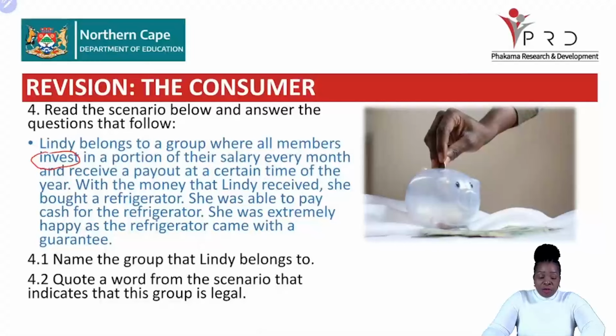Then we go to our questions. 4.1 says, name the group that Lindy belongs to. And 4.2 reads, quote a word from the scenario that indicates that this group is legal, or that this group is allowed in the court of law. I'll give you 2 minutes, learners, so that you can answer the question.